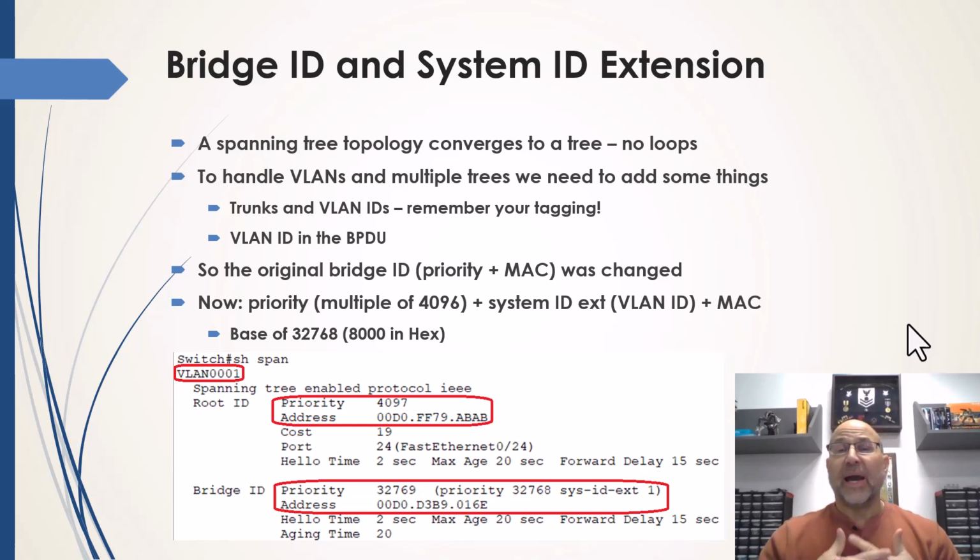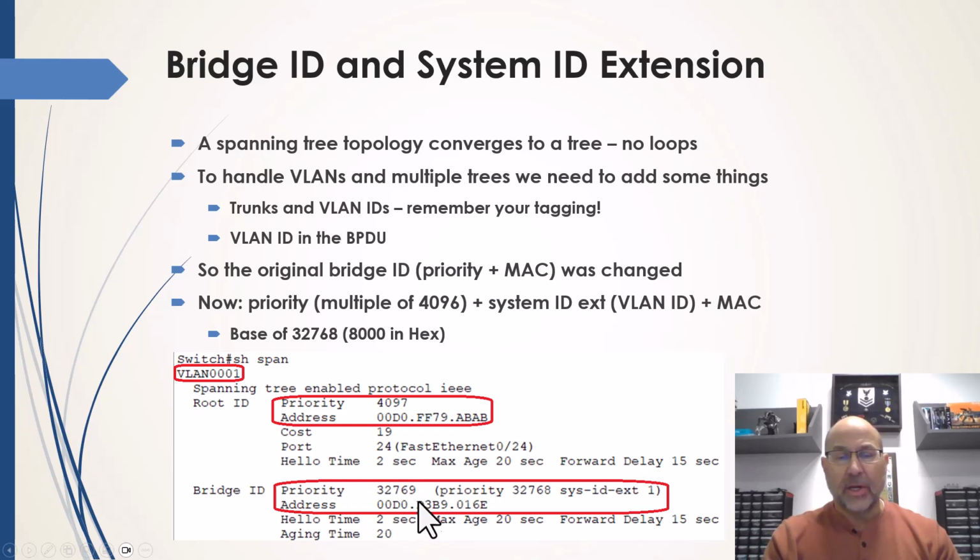Now, when you do the output of show span, you can see these things. So right here, we can see that this switch has a priority of 4097. Well, it's a base priority in this case of 4096, that's the multiple, but it's 4097 because we're talking about VLAN 1.